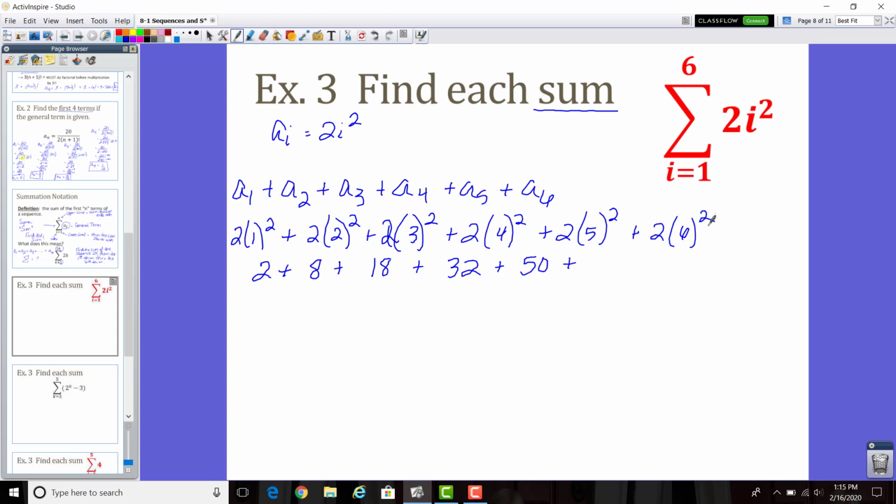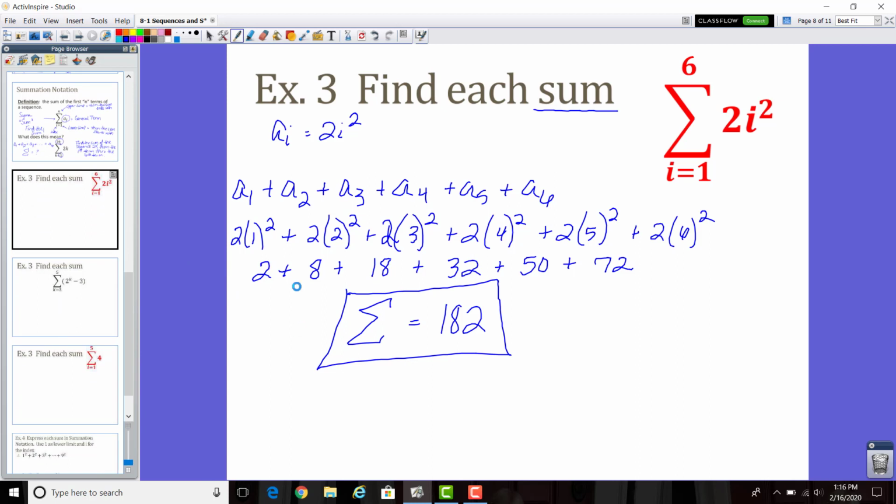And 6 squared is 36, 36 times 2 is 72. These are my 6 terms, but they're asking for the sum, so my answer is what all of those are added up, which if you're adding them right now, you should get 182. If you do not show me your work for those 6 terms and your sum is wrong, I have to count all of them wrong, so please make sure you show your work.